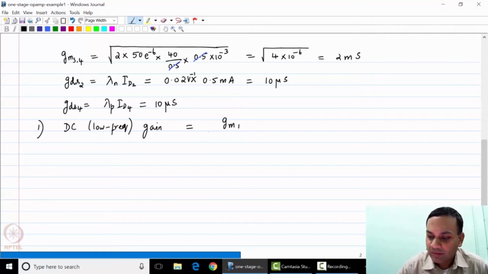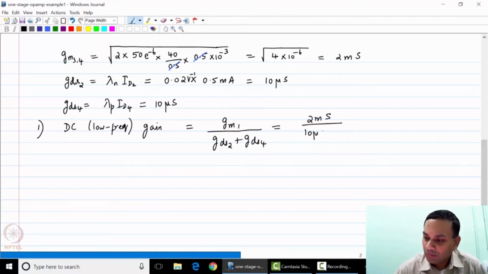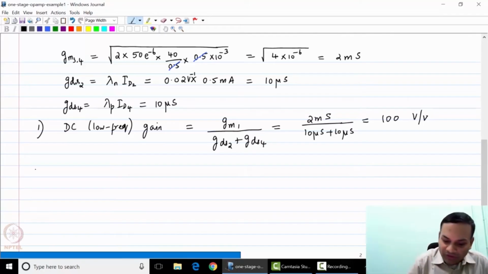This is nothing but GM1 over GDS2 plus GDS4. 1 over GDS2 plus GDS4 is nothing but RDS2 parallel RDS4. So this is 2 millisiemens over 10 microsiemens plus 10 microsiemens. So this is a gain of 100 volt per volt.